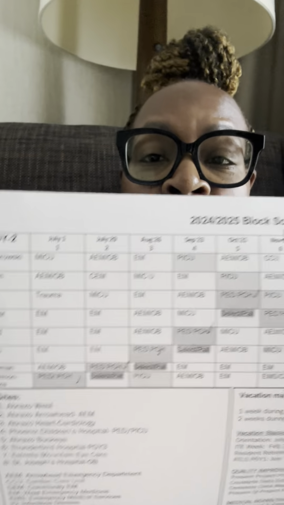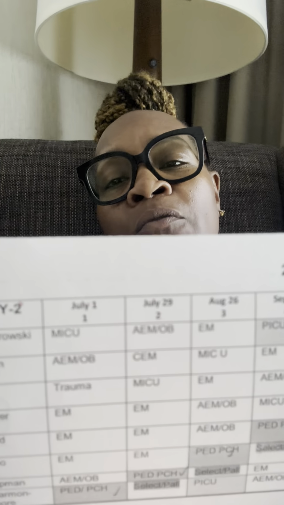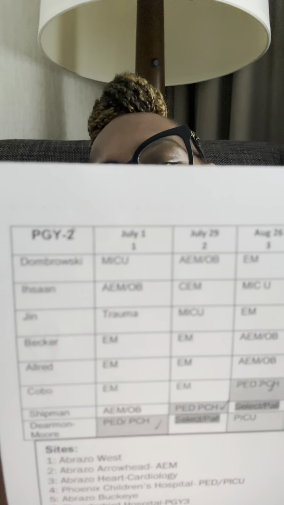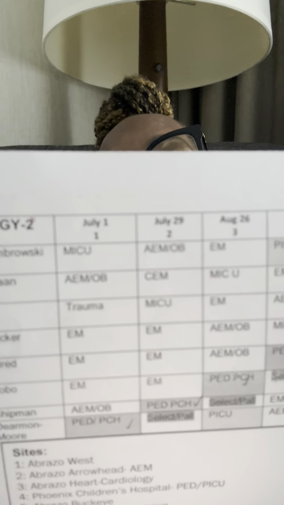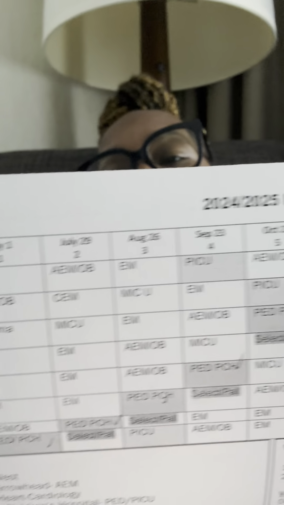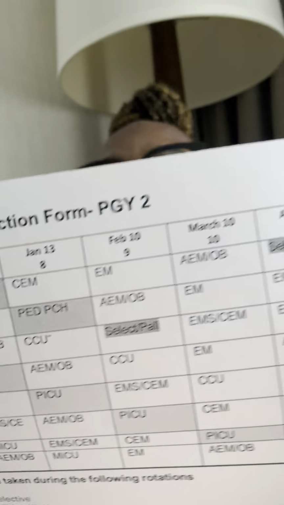So for July, what rotation, like July 1st, that's the first week, second week, and then it lists it all out. And I know where they're going, when they're going, if they're doing one or two rotations, if it's a split, things like that. So this is what I do for me.